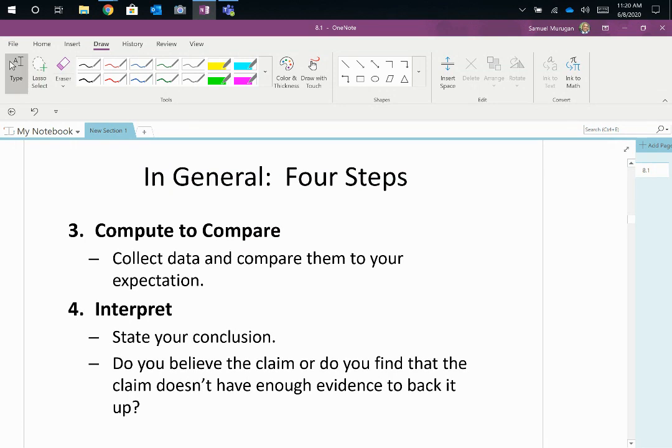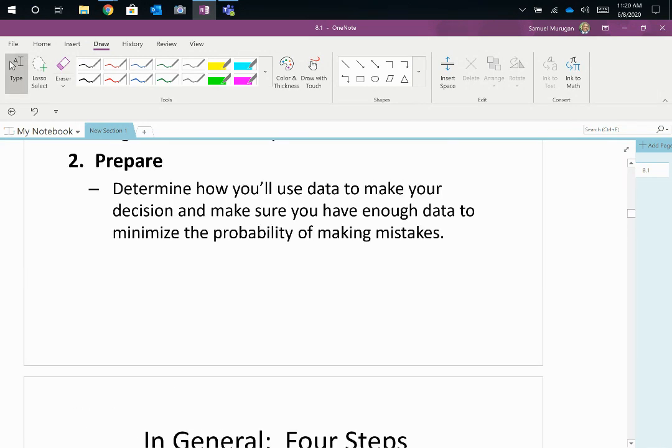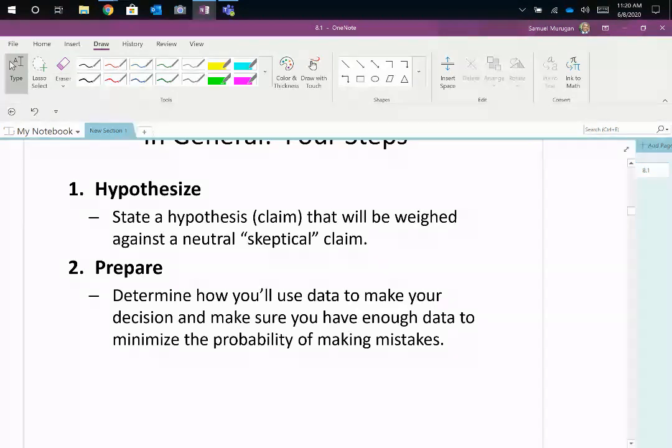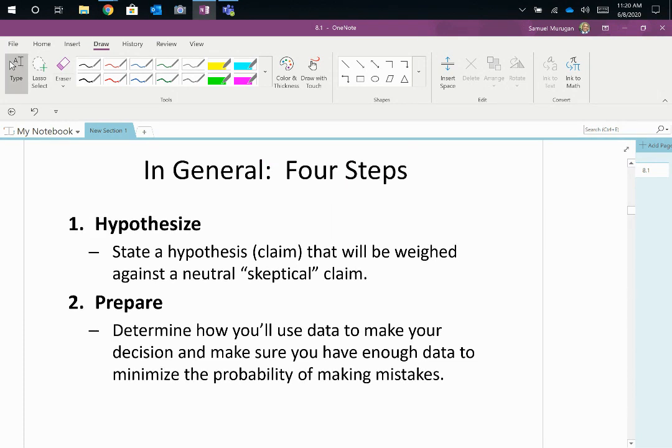There are 4 general steps involved in using the hypothesis test. One is to state the hypothesis or the claim that will be weighed against a neutral skeptical claim. Second step, prepare. Determine how you use data to make your decision, and make sure you have enough data to minimize the probability of making mistakes.